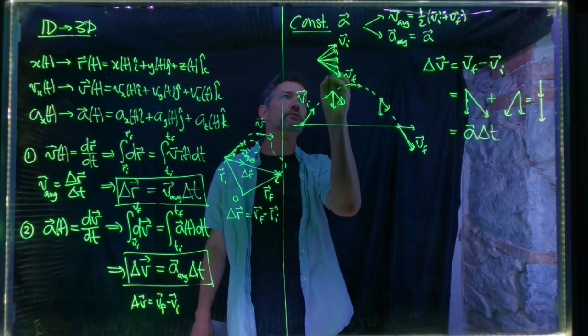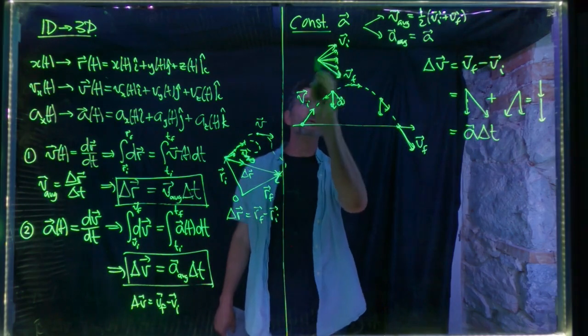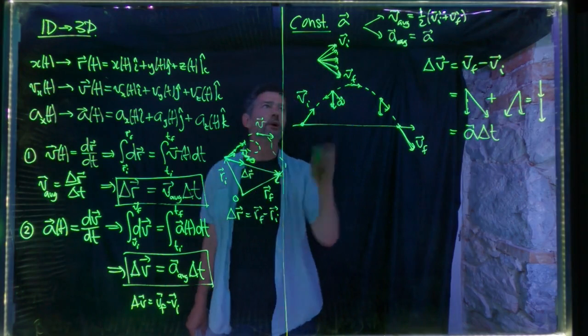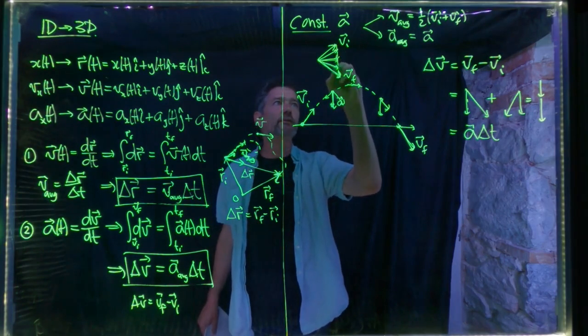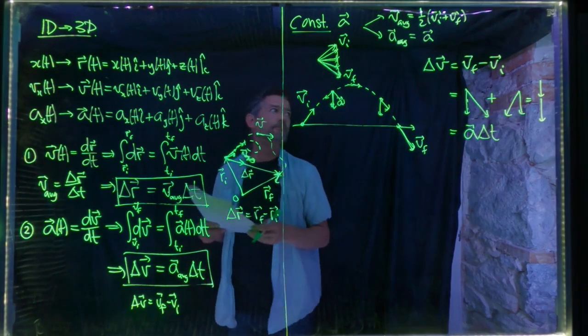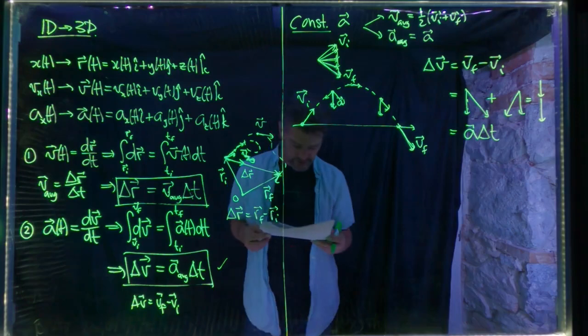The x component, the horizontal component, never changes because there's no acceleration in the horizontal direction. Only the vertical component is smoothly changing from v initial to v final. So that's a little look at how that equation makes sense.